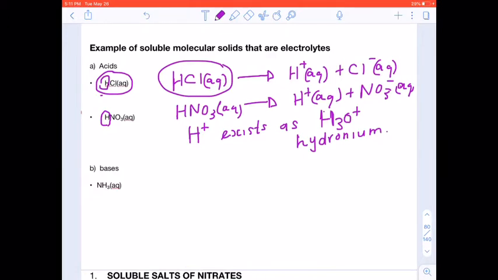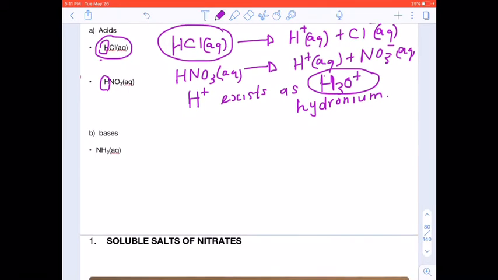Although the H plus ion in solution exists as a hydronium ion. And that's important next year when we're going to talk about acid-base reactions, and more can be said about it next year. Here we've got another molecular substance, NH3.